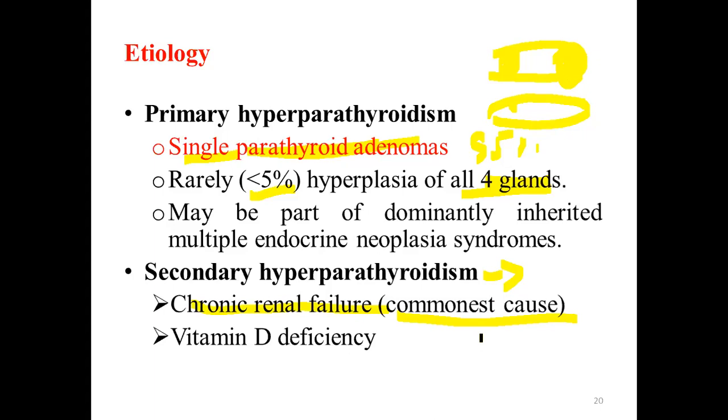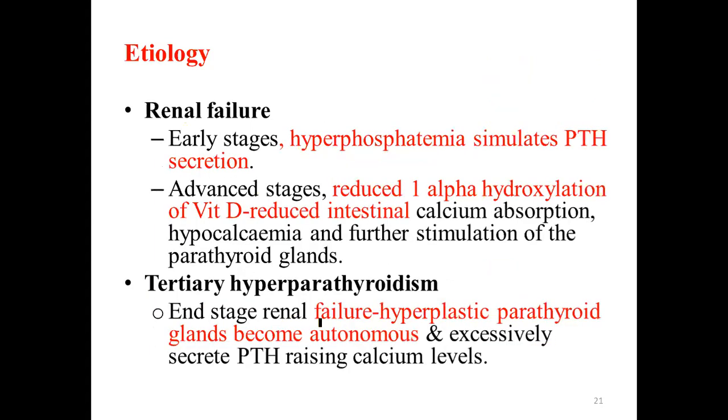So for secondary causes, chronic renal failure is the commonest cause, and vitamin D deficiency is also another cause of secondary hyperparathyroidism. Okay, renal failure, we have already mentioned. In the early stage, hyperphosphatemia stimulates PTH secretion.